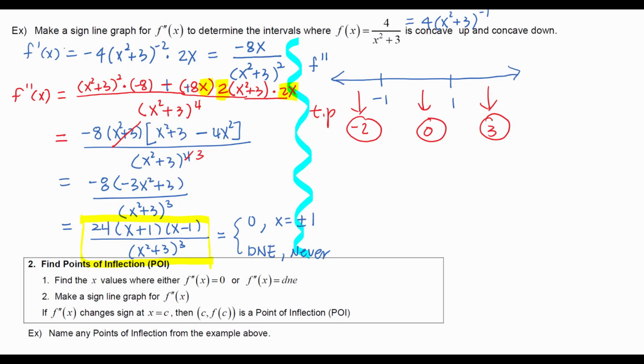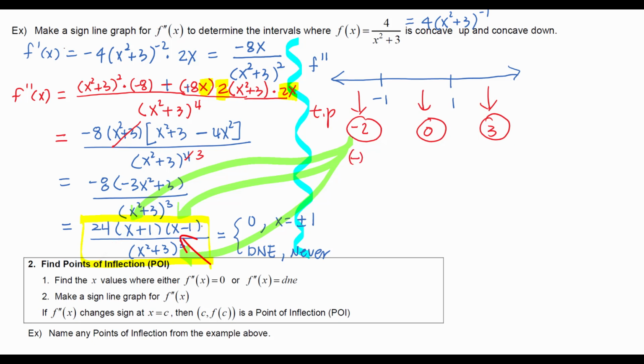So now I'm going to plug in these test points. You have to plug each test point into every x you see in f double prime and determine the sign. 24 is a positive number, so that doesn't affect anything. Negative 2 plus 1 is negative.